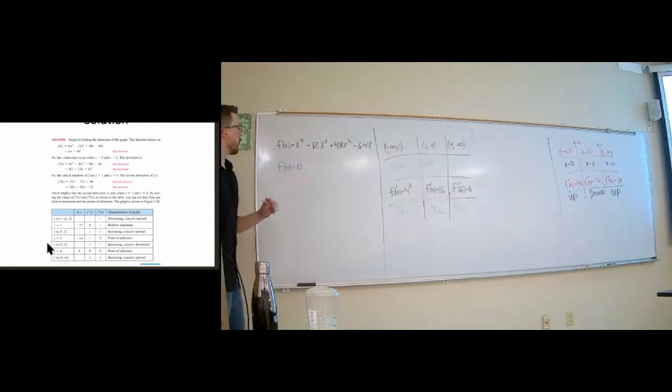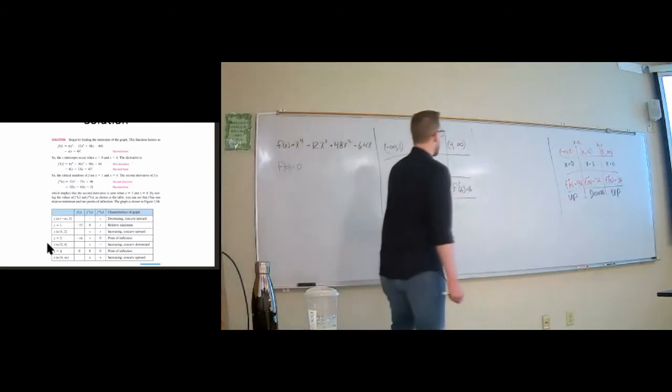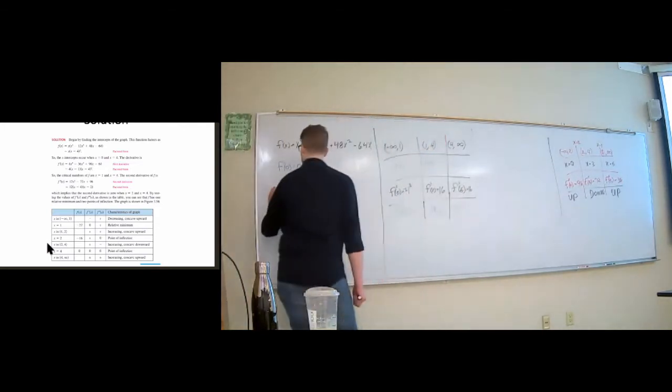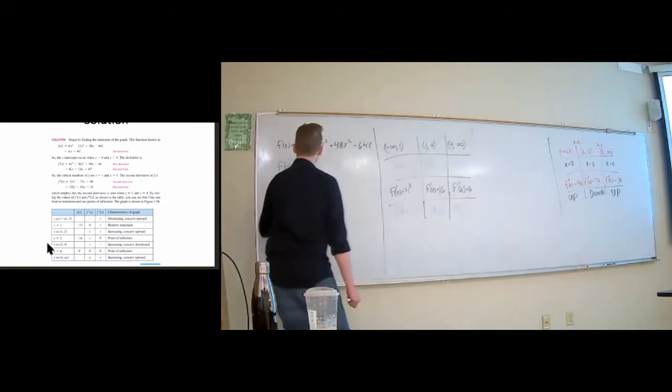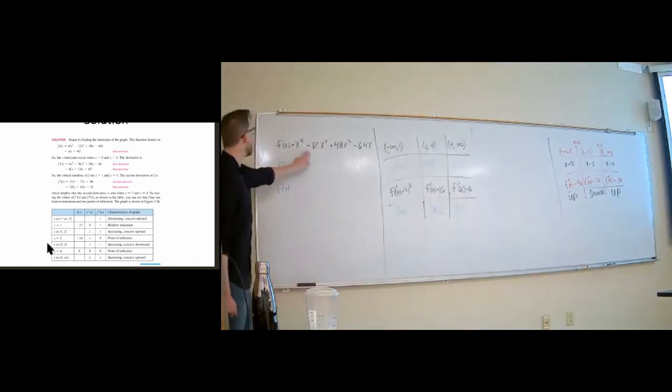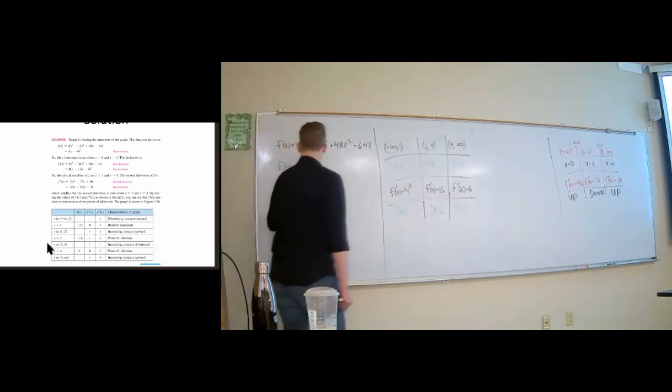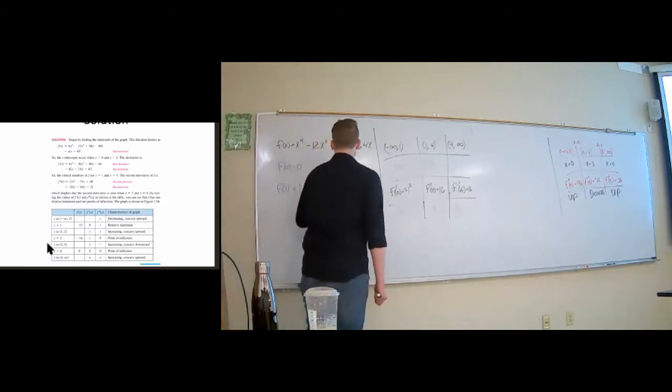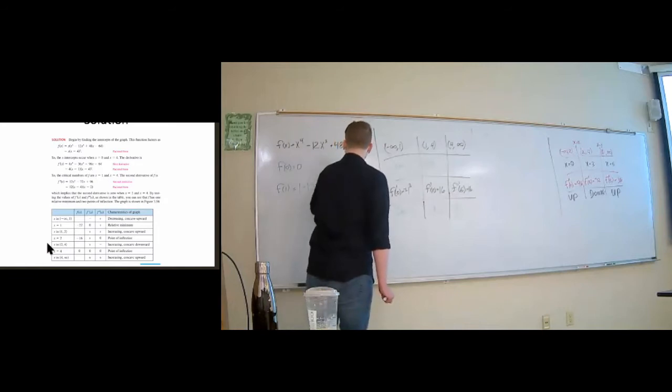When x is equal to 1, using one of our critical numbers, we have 1 minus 12 plus 48 minus 64.